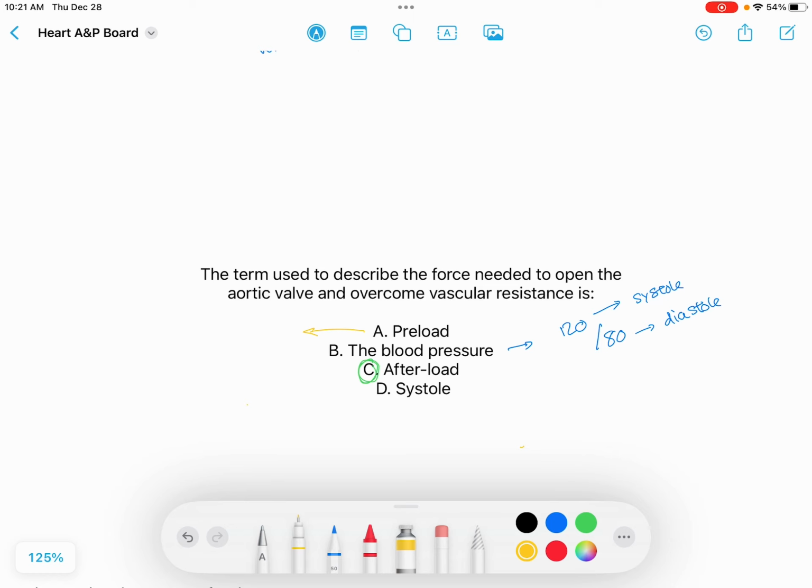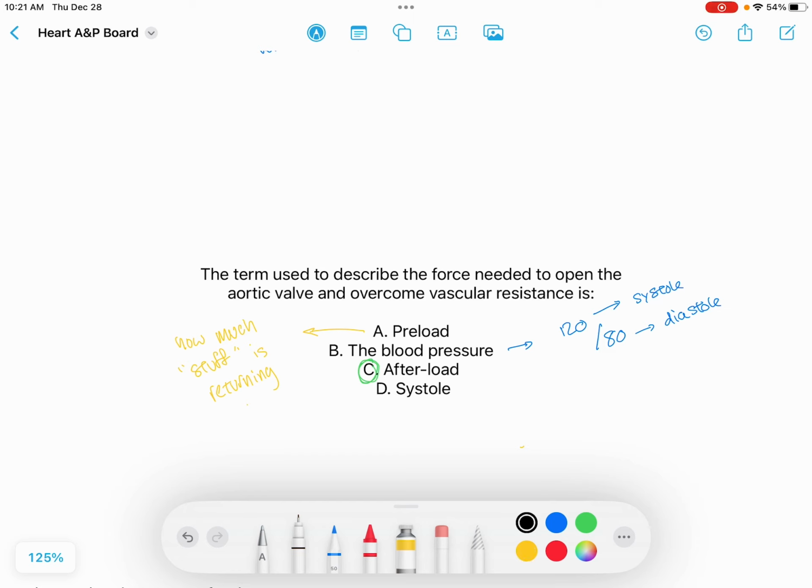But all preload is how much stuff is coming back to the heart, how much is returning. In order to fill the ventricles with blood, I have to have blood coming back to the heart, right? And if I don't have very much blood coming back to the heart, that's going to reduce the preload.